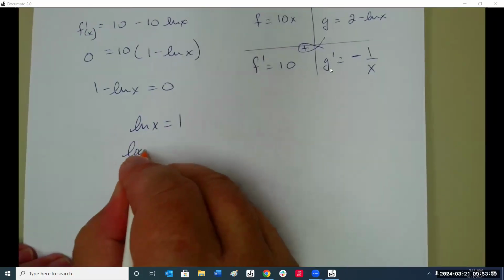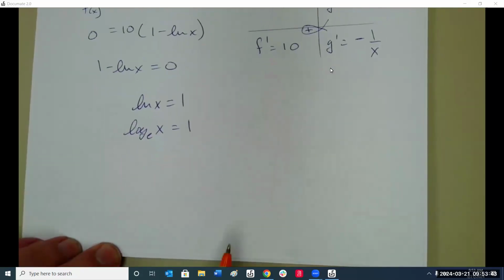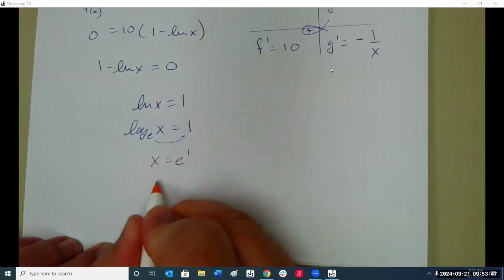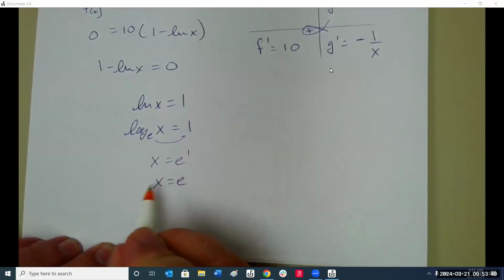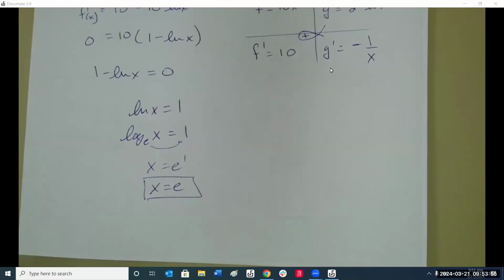Remember, this is log base e of x equals 1, so x is equal to e to the first power. So our critical point is at e.